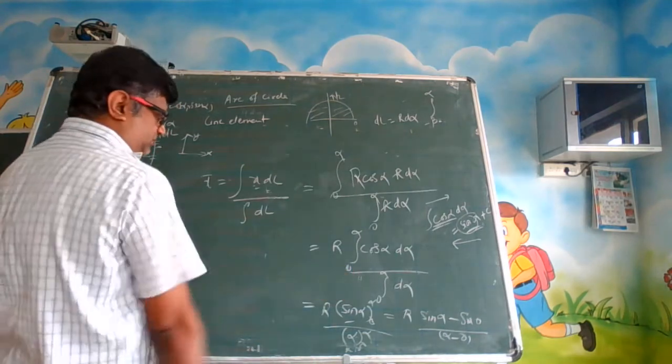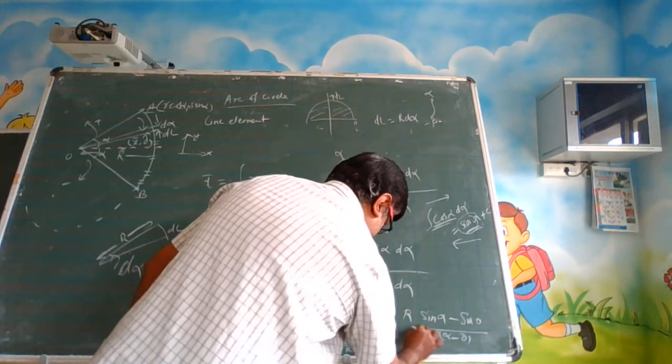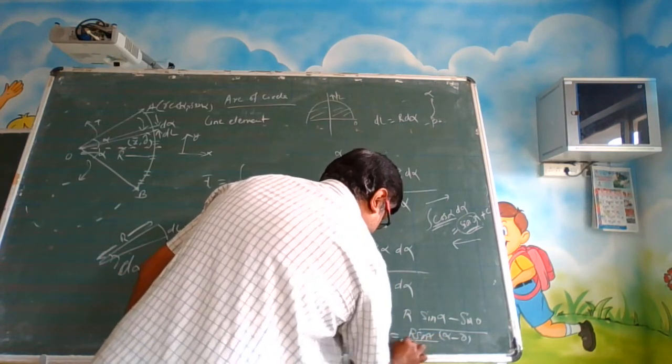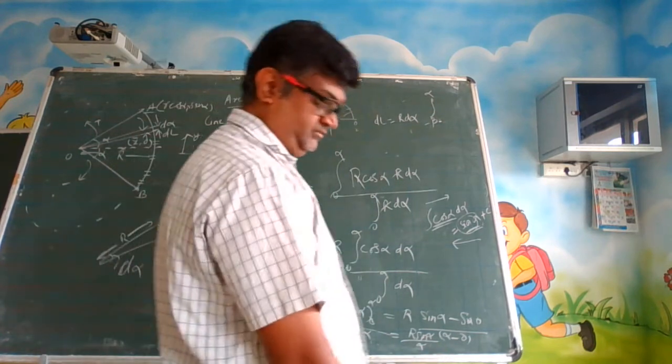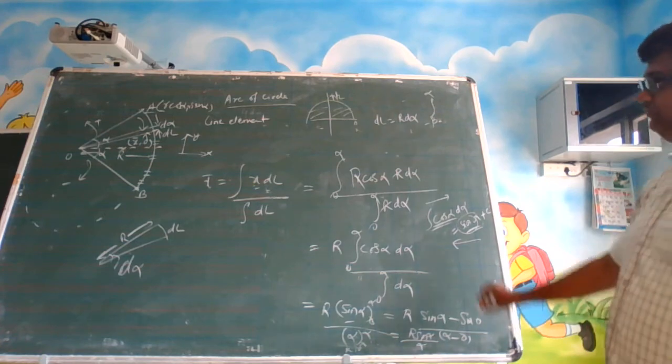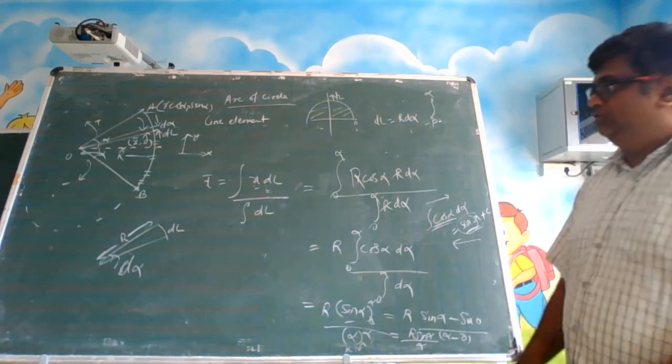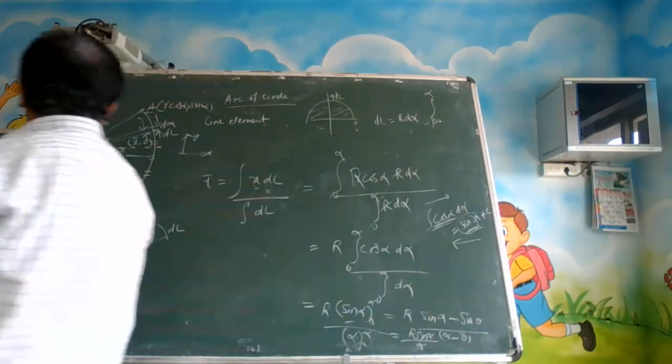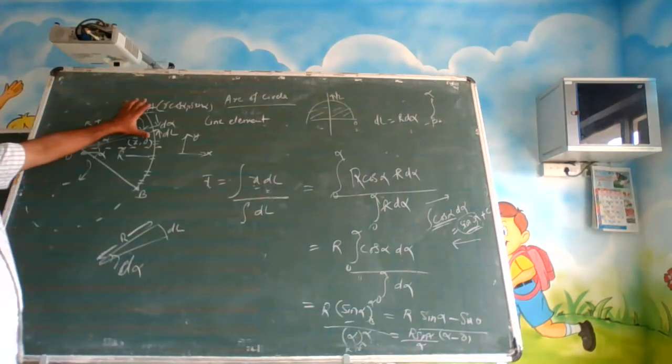Alright? So, what is the final expression now? It is R sin alpha divided by alpha. So, we have used the integration approach to find out the centroid of this particular geometric shape.